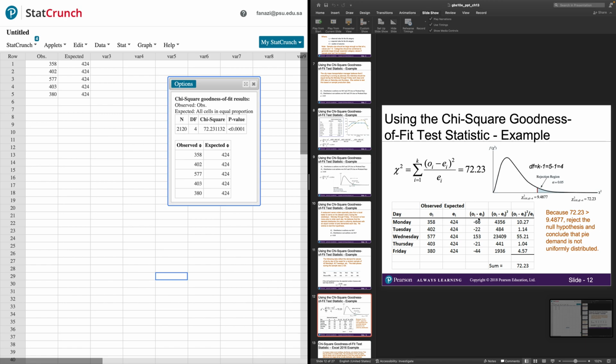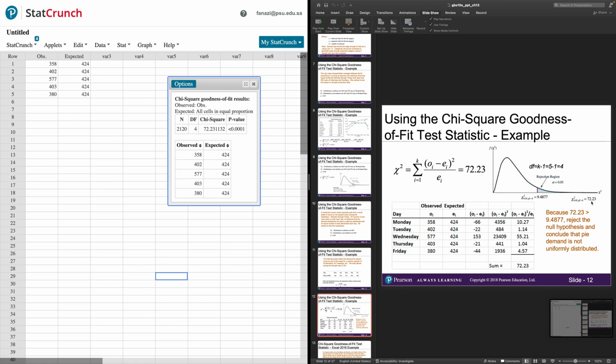Then I square minus 66, which gives 4,356. After that, I divide 4,356 by the expected, which gives 10.27. I do the same for the rest of the data, and when I sum the last column, I get the chi-square test statistic, which is here.